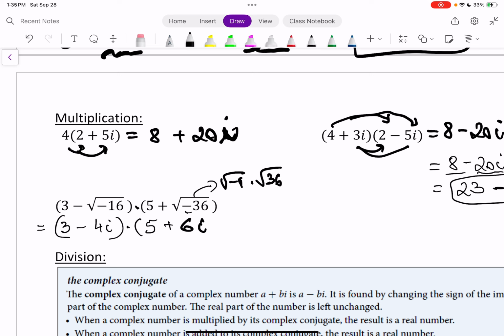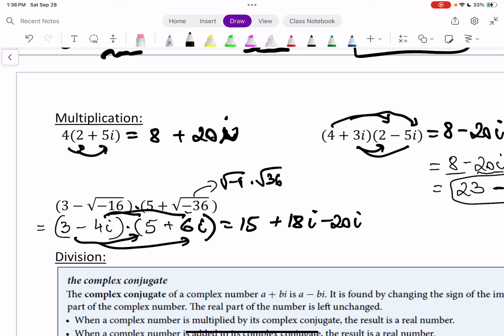Okay. All right. And now we're going to distribute just this up above. So 15 plus 18i minus 20i and minus 24, and here is your i squared.